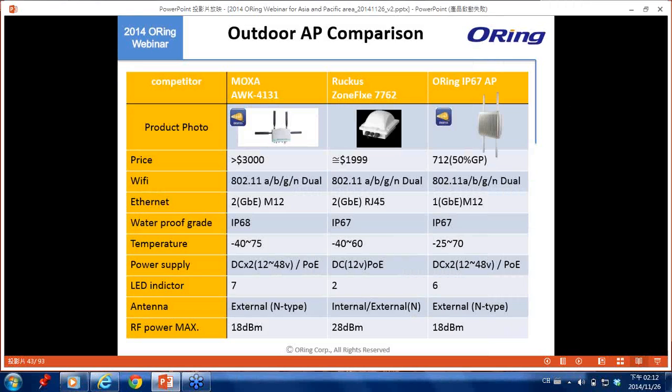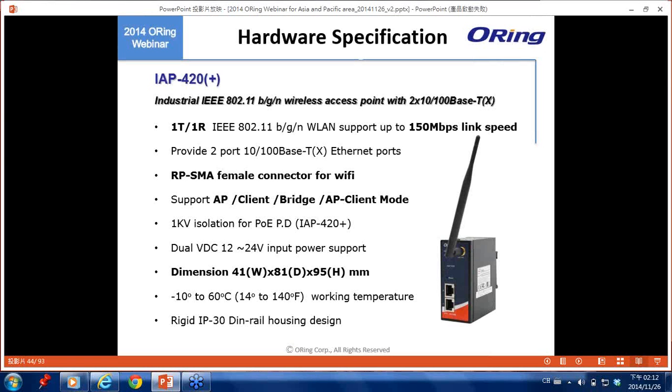So the comparison table, maybe you can check it later after we send the slides, just for your reference, in case any customer asks for a replacement.